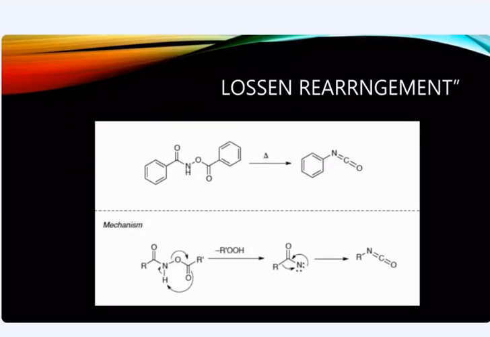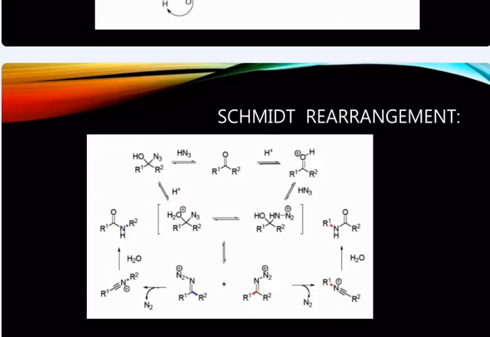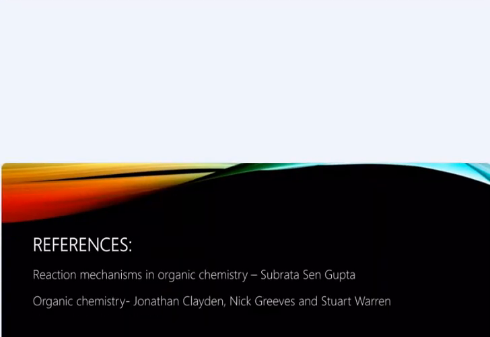Lossen rearrangement: the formation of nitrene in this mechanism. Schmidt rearrangement: the formation of nitrene. So, this is the reference: reaction mechanism in organic chemistry, and Clayden is a very important book.